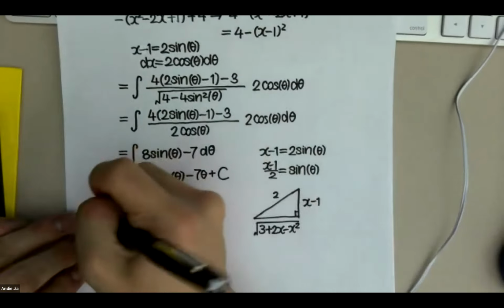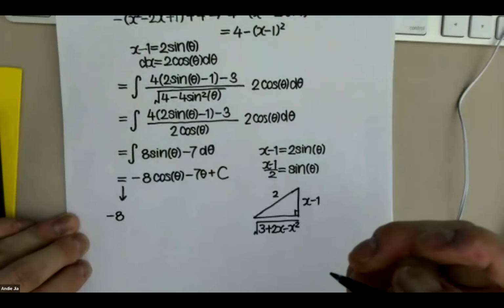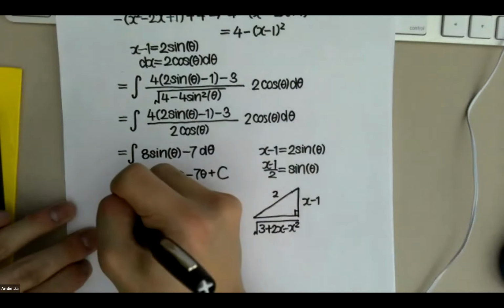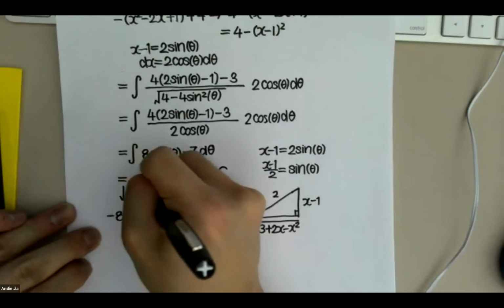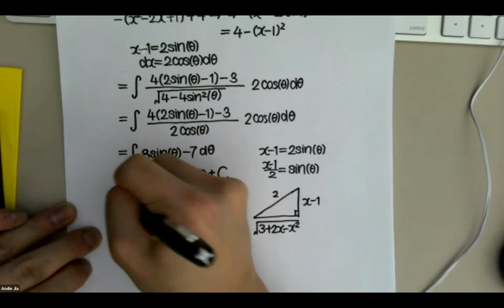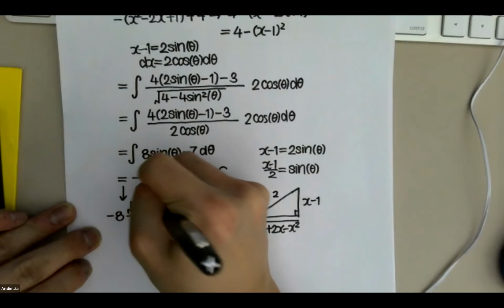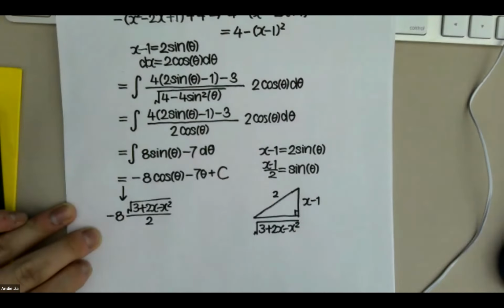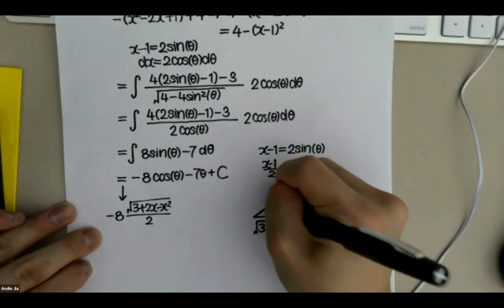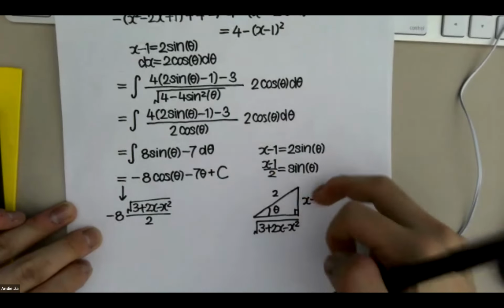Then it's going to be negative 8 times that, minus 7, which is the arctangent.